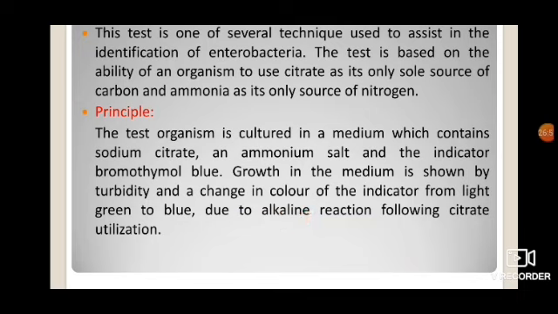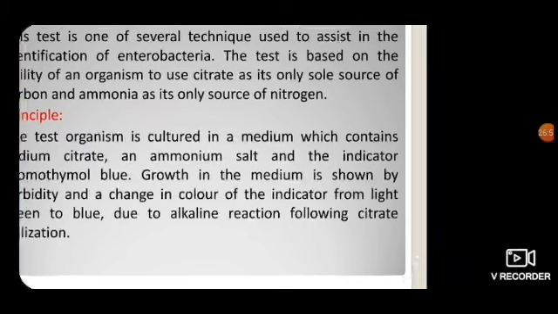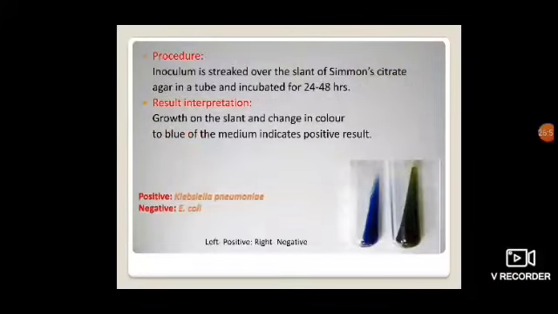We can observe this color change from green to blue in the next slide, where the slant converts from green to blue by citrate utilization. For the procedure, the inoculum is streaked over the slant of Simmons citrate agar in the tube and incubated for 24 to 48 hours.